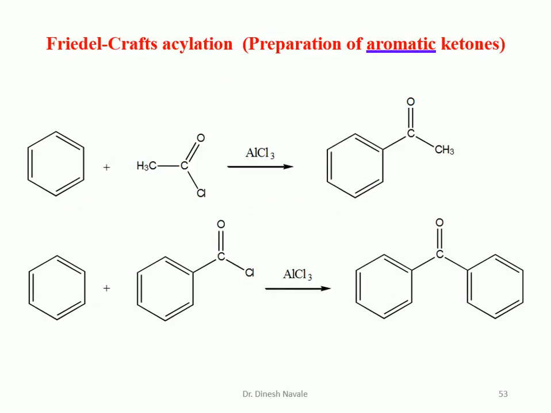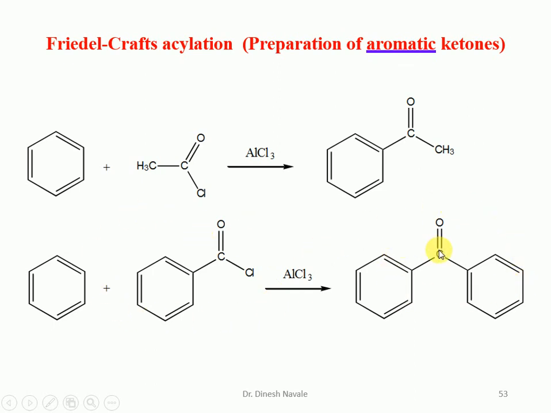These are some of the examples. That means Friedel-Crafts acylation can be easily utilized for the preparation of aromatic ketones. Benzene on reaction with acetyl chloride and AlCl3 will give acetophenone. And if we utilize benzoyl chloride, we get benzophenone.